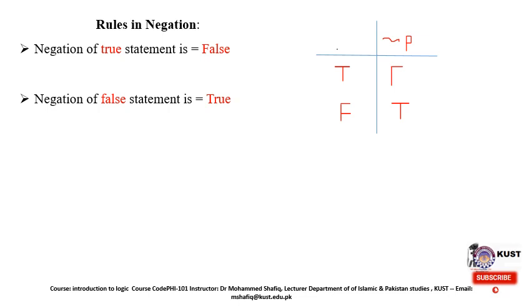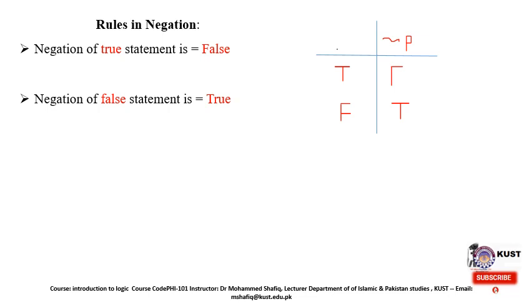If I say Ali is intelligent, that is P, while on the other hand, if I say Ali is not intelligent, that is curl P. So if we take P to be true, that Ali is intelligent, then not P has to be false.